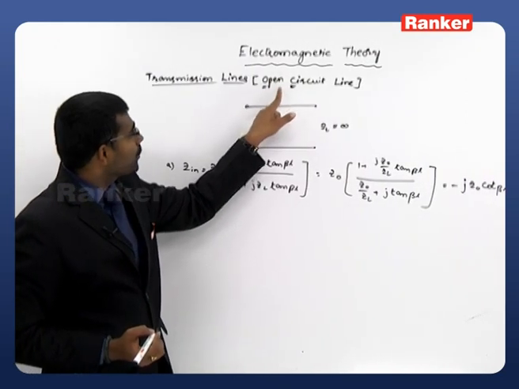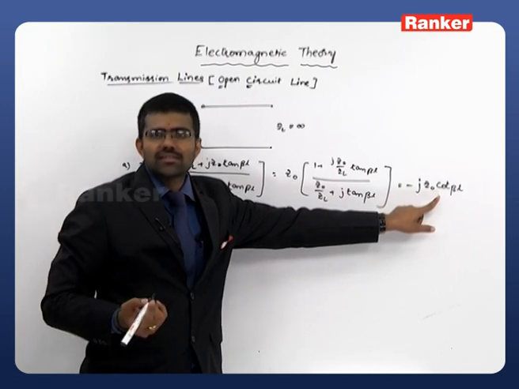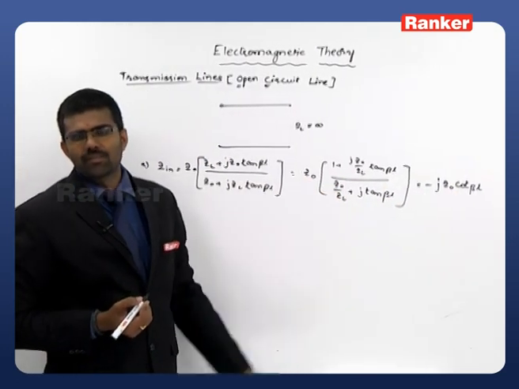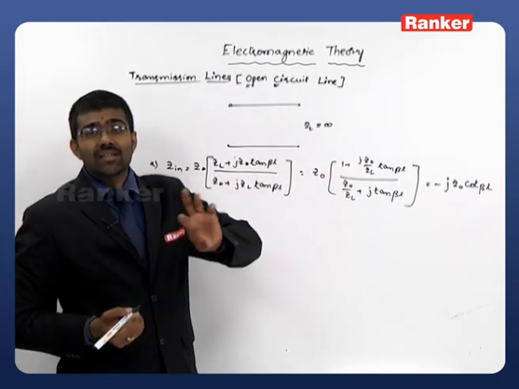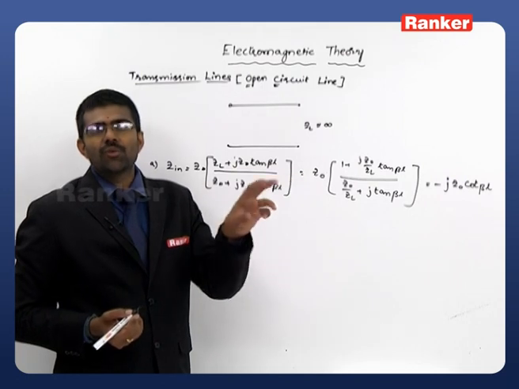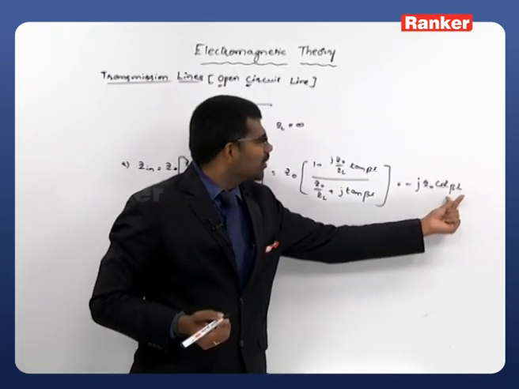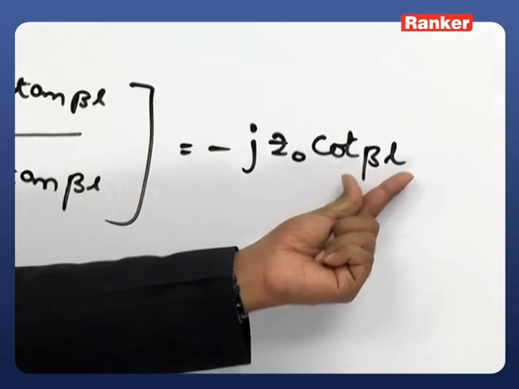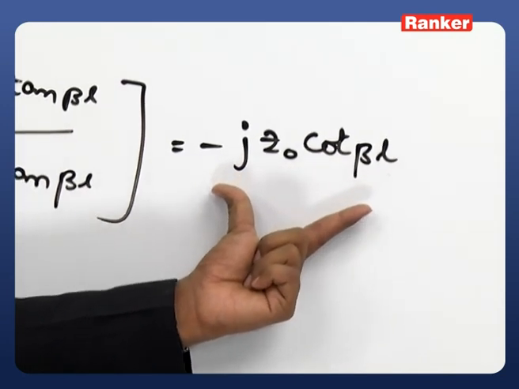Clearly observe once again, for an open circuit line the input impedance is once again a pure reactance. There is no real term here, only the imaginary part is there. That's why you can take the open circuit line as an imaginary impedance provider, right? So what is the type of impedance here? Once again, that is purely dependent upon beta L. Purely depending on the electrical length only, the input impedance type will be decided, whether it is capacitive or inductive.